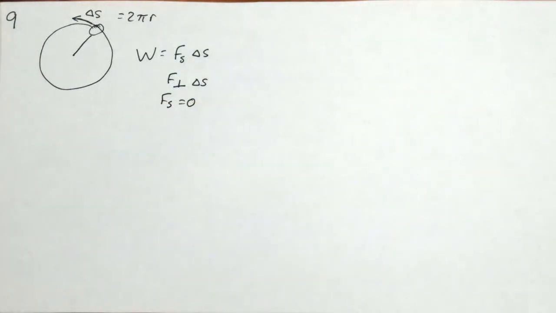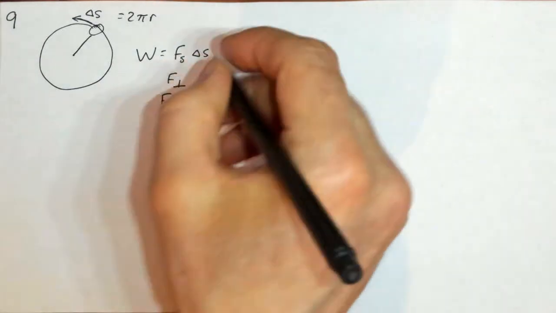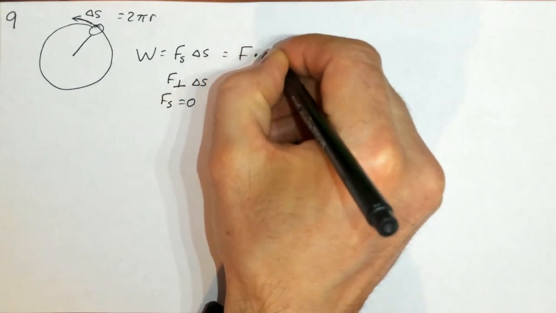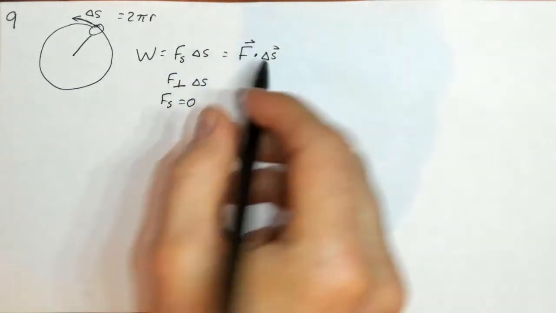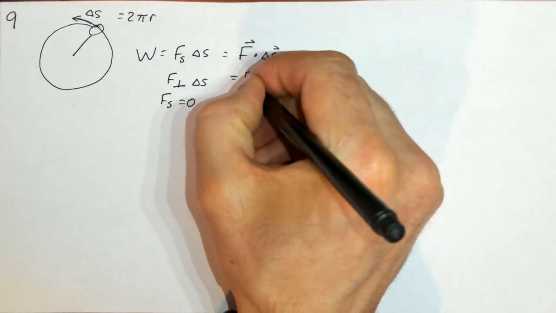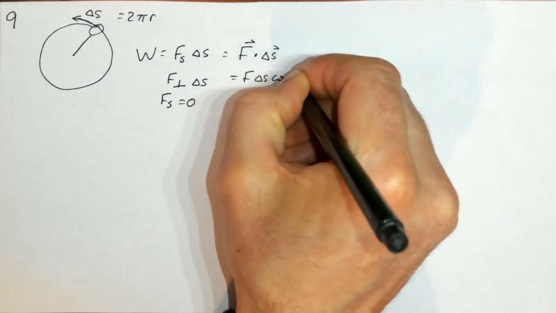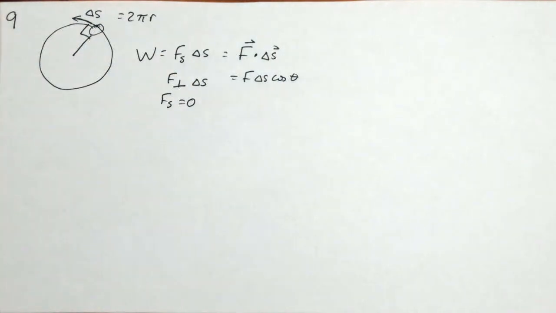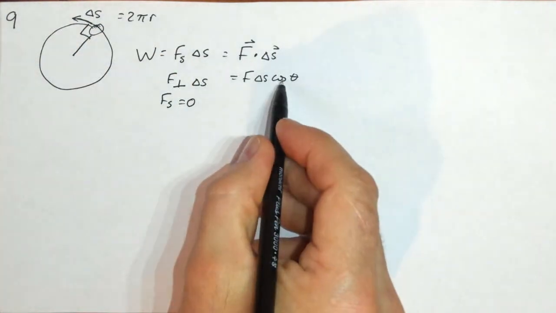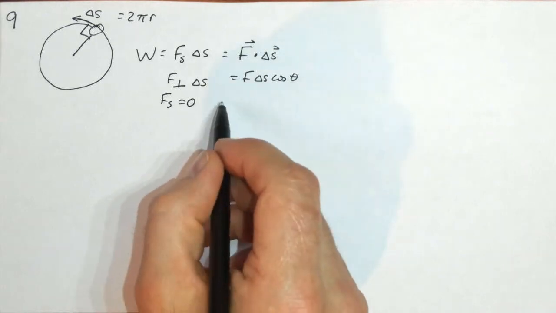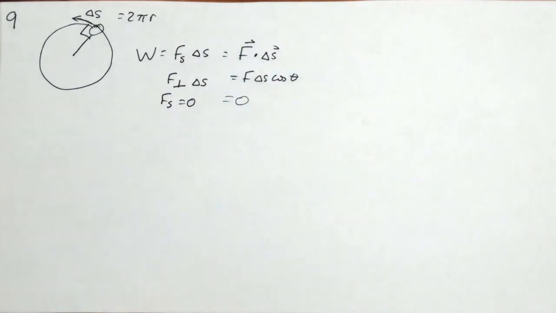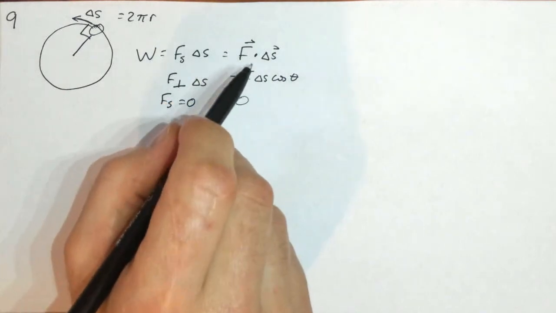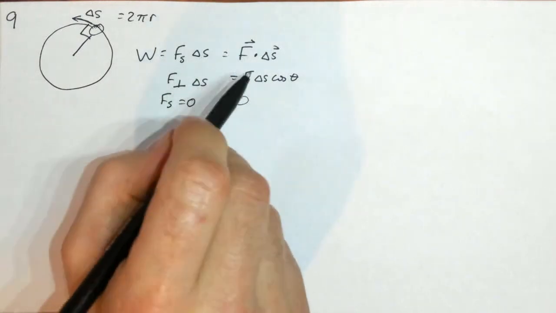We could have seen this also with work equal to F dot delta s, written as F delta s cosine of the angle between them. The angle is 90 degrees at all times, and cosine of 90 equals 0. We would have gotten 0 again. So again, emphasizing that it's not just a force times a distance; it's the force in the direction of motion.